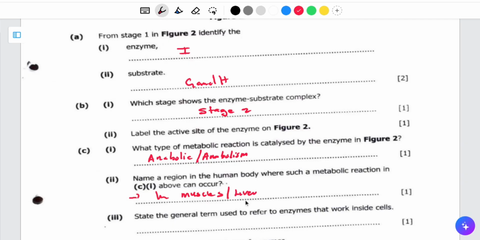Now, what is the reason why we are choosing the muscles as well as the liver? When insulin is secreted by the pancreas, it converts glucose into liver glycogen or muscle glycogen. So muscle glycogen is going to be stored in muscles and the liver glycogen is going to be stored in the liver.